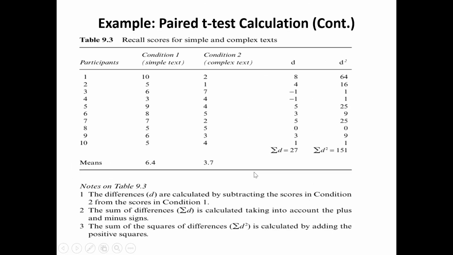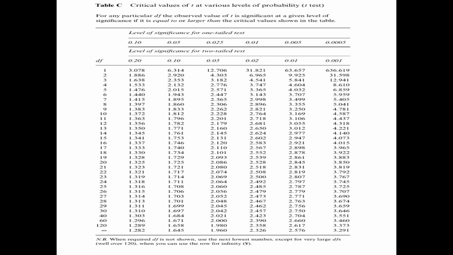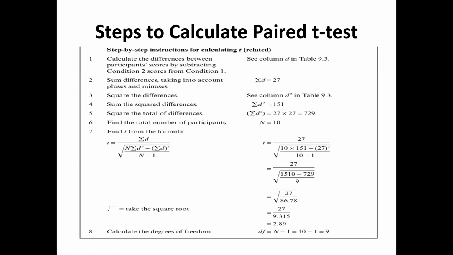There is something that I omitted to tell you. When calculating this value, assuming you have a negative score, minus 27 for instance, you ignore it and continue your calculation. What it means is you will end up having a negative T score.